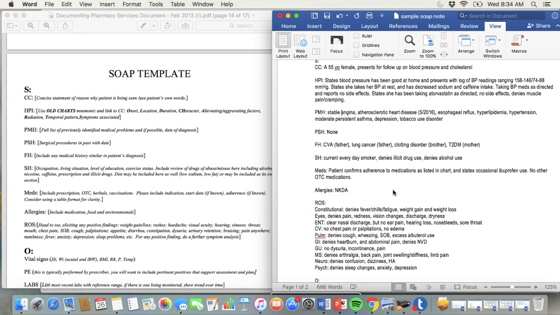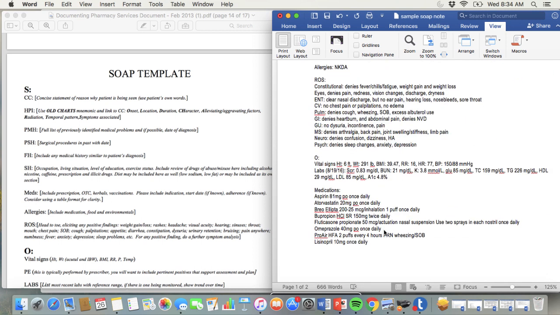So this patient denies heartburn, abdominal pain, that kind of pertains to the GERD, and no chest pain or palpitations, which is good. A normal ENT and eye exam or report from the patient, and then everything else looks normal, but it's still important to include.